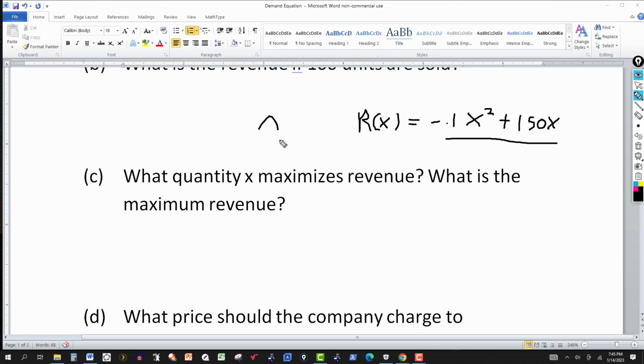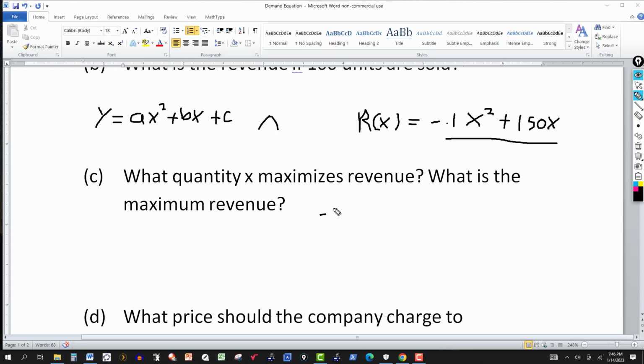There are several formulas or methods for finding the vertex of a parabola. I'm going to use this technique here. If the function is in the form ax squared plus bx plus c, that's your general form. In this case, a is negative 0.1, b is 150, and c is 0.